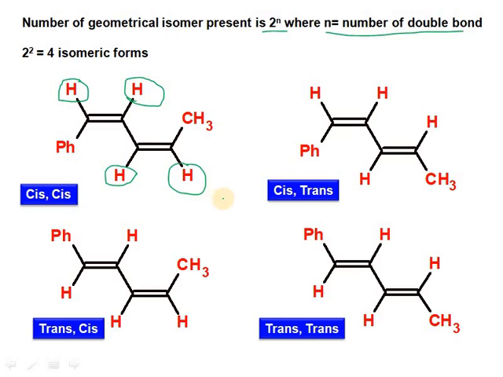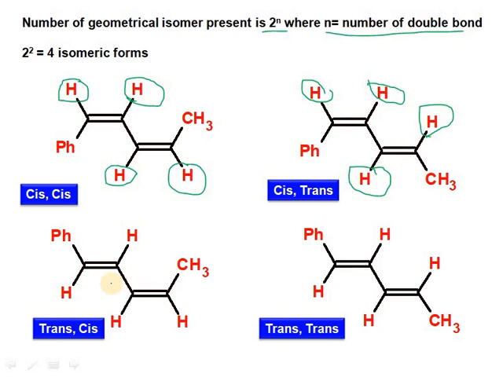The second carbon-carbon double bond is also cis, because the similar groups are on the same side. Now the second example is here. The first carbon-carbon double bond is cis because the similar groups are on the same side, but the other carbon-carbon double bond is trans, because the similar groups are opposite to each other. Therefore the first double bond is cis and the second double bond is trans.